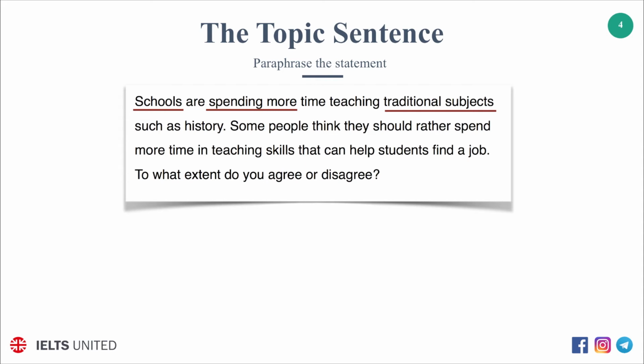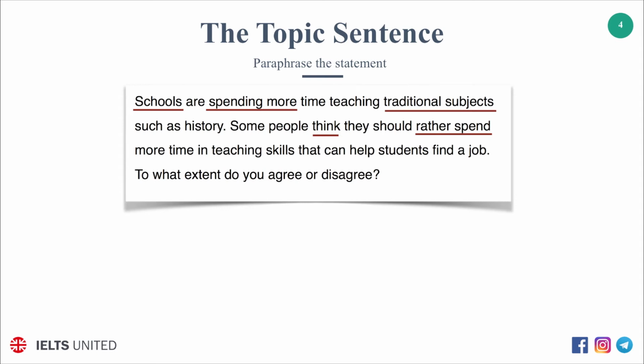Now let's look at some people think. Instead of they think, what about they've argued? And remember earlier we looked at the word rather, and I told you rather means one thing is better than another. So let's use that here. Instead of rather spend, let's put it would be better.